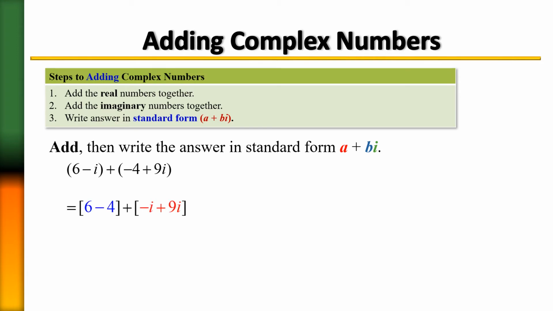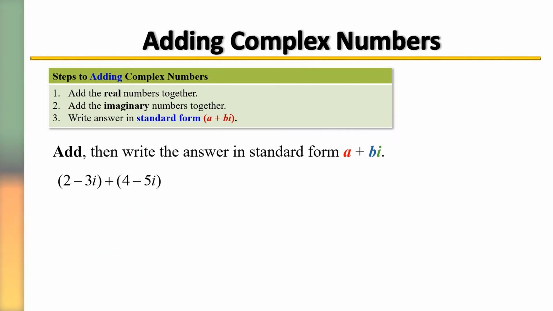But again, you just have to remember to combine the real with the real and the imaginary with the imaginary, and you write your answer in standard form, starting with the real numbers and then followed by the imaginary numbers. So the final answer here would be 2 plus 8i.